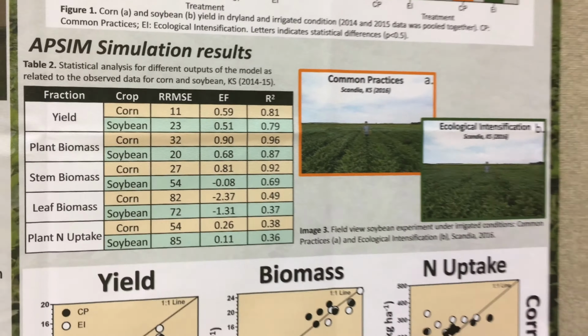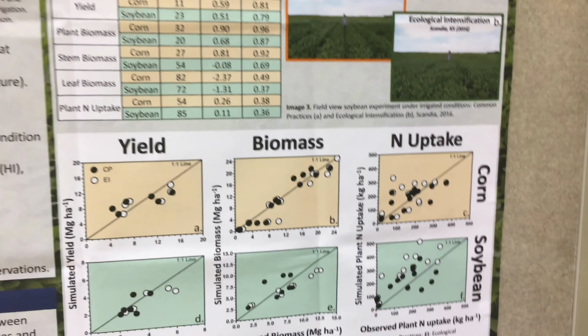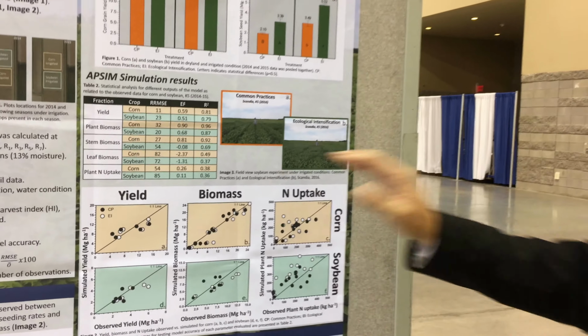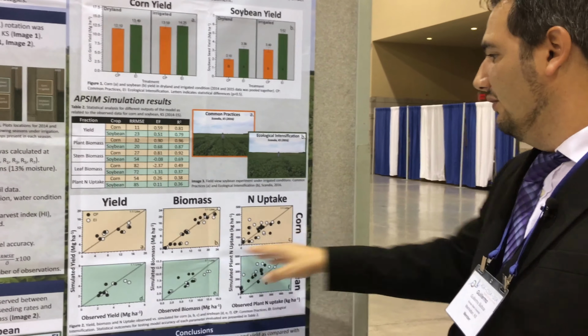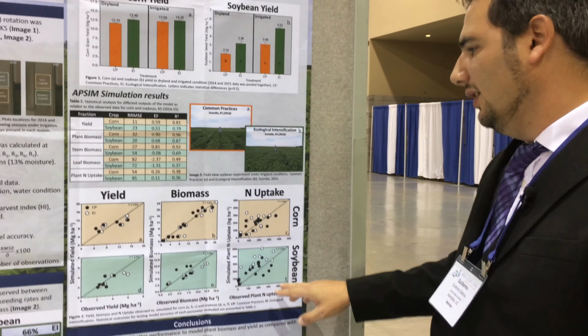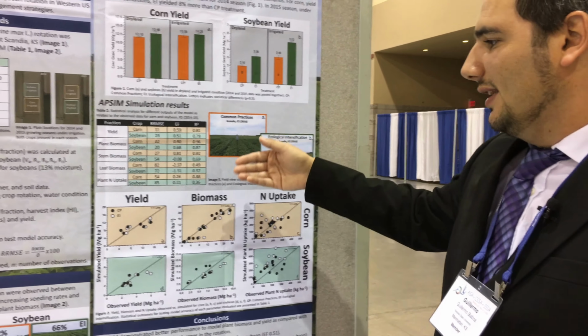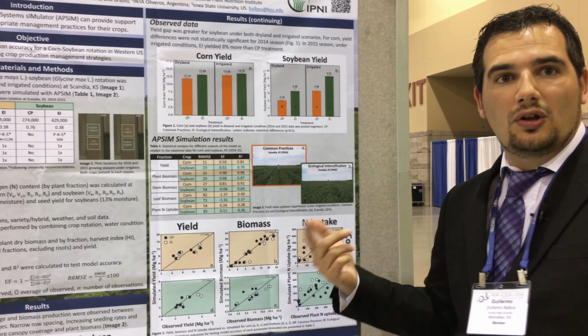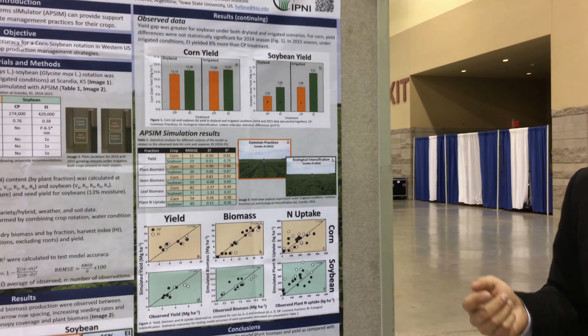Going directly to the results of the simulations that we did, we put special emphasis on yields, biomass, and nutrient uptake for corn and for soybeans. We evaluated, as I mentioned before, with different statistics the accuracy of the model to predict these traits.